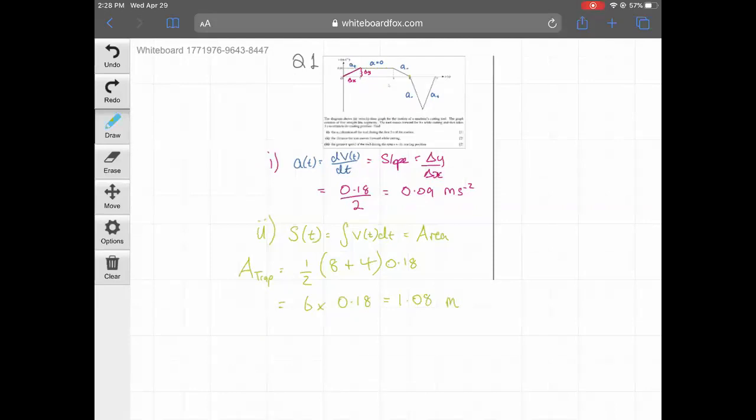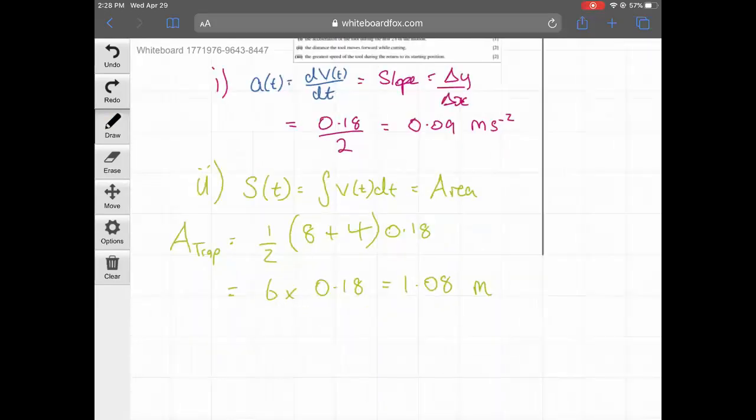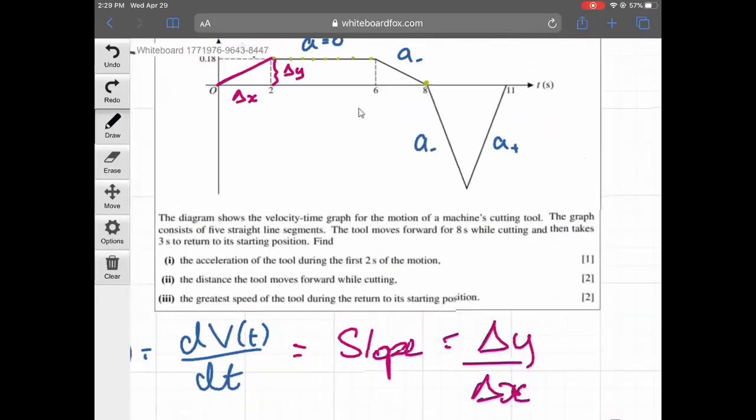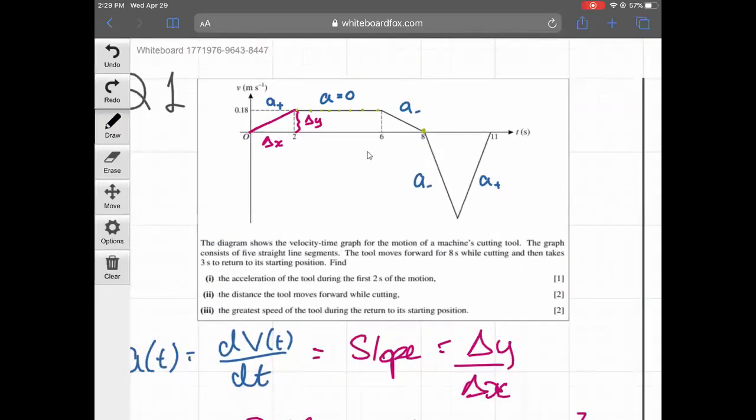Part 3. Okay, so what do we ask for here? The greatest speed of the tool during the return to its starting position.